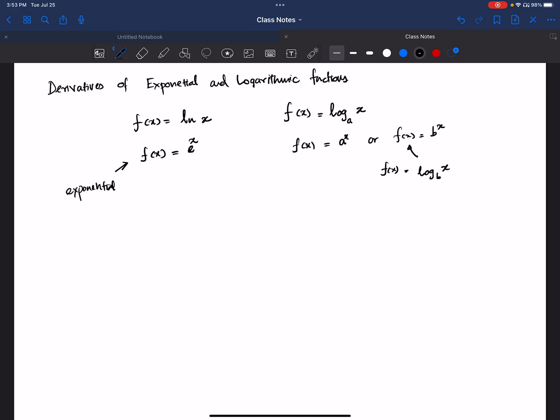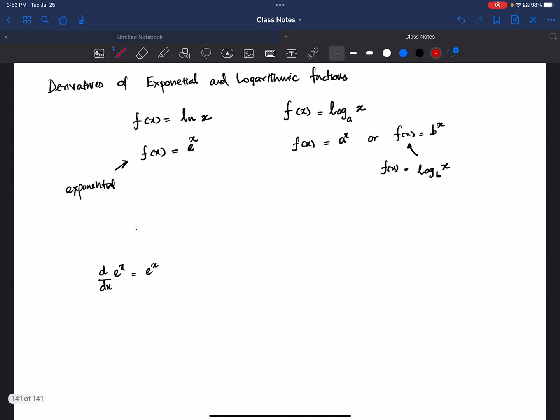So first, we previously talked about exponential functions, but since these are related to each other, I would first talk about exponential functions. d over dx of e to the power x is e to the power x. I think we obtained this previously.